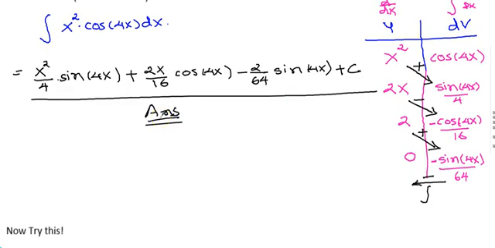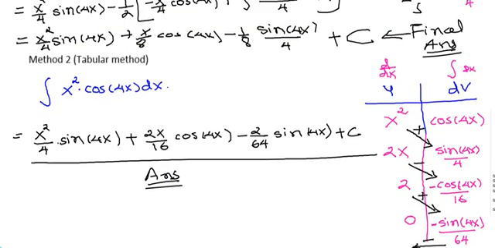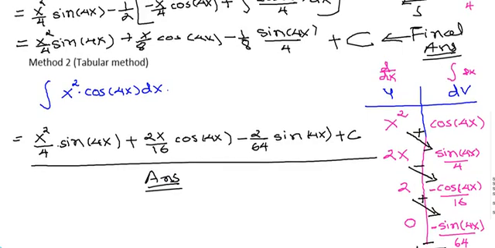Let's check if it is the correct answer or not. Let's compare these two answers, the one with the long way and the one with the tabular method. Normally students always prefer the tabular method, but the tabular method works only in certain conditions. So let's check. Do I have this x squared over 4 sine 4x?